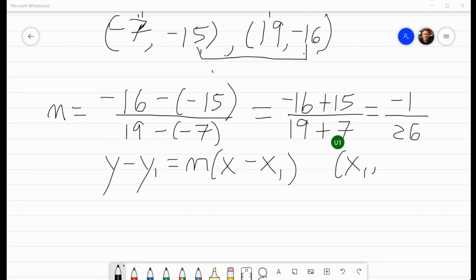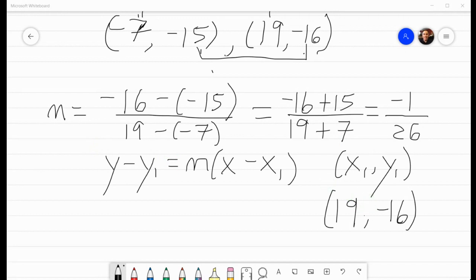This point here is any point on that line. So what I'm going to do is use the first point, -7, -15. Actually, no, sorry. Let me use 19, -16 as the point on the line, although it really doesn't matter that much. So I'm going to use this, 19, -16. That's going to be the point on the line.